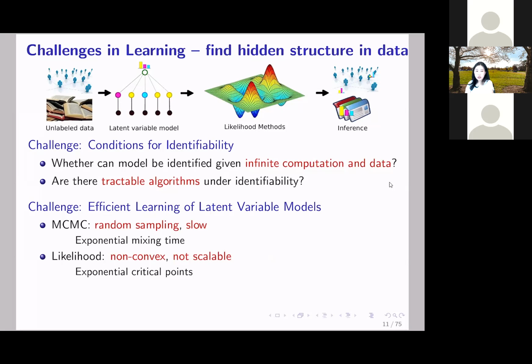And the difficult thing is that some of these critical points could be bad. For example, if you're trying to maximize the likelihood, these two points might be good, and maybe this one is not so good because it's a local optimum versus this is a global optimum.